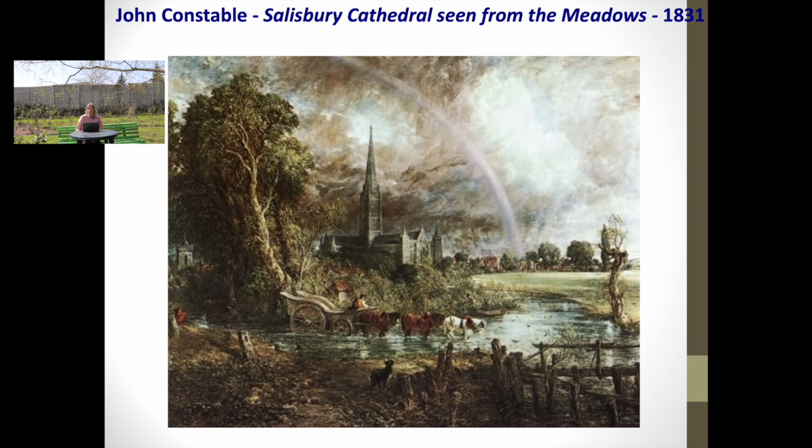Of course, in the Bible, if you remember, the rainbow is a sign of hope. It's a sign of God's promise for the chosen people of his protection and help. So this is probably some sort of indication that religious faith gave hope to Constable in his bereavement.